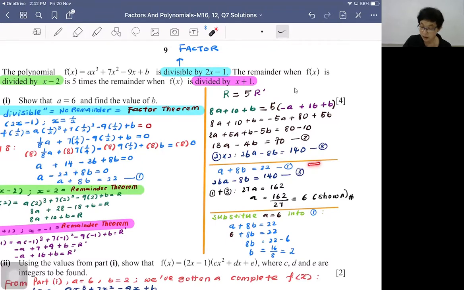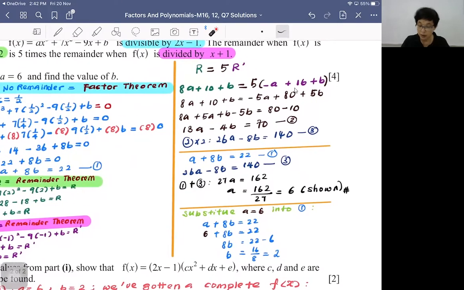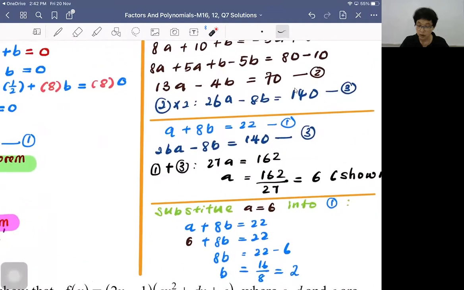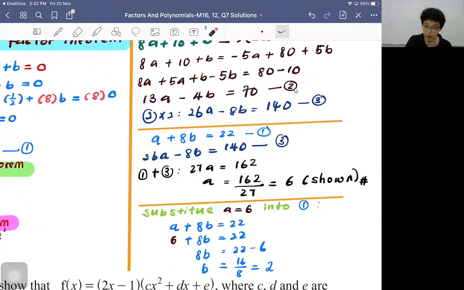Okay, so this is where I write down a plus 8b equals 22 as the third equation. Now I put them side by side, easier for us to see. Let me zoom in. By adding up the equations, we are going to eliminate b altogether, the first equation having positive 8b, the second having negative 8b. By adding them up, we cancel out the two b terms.